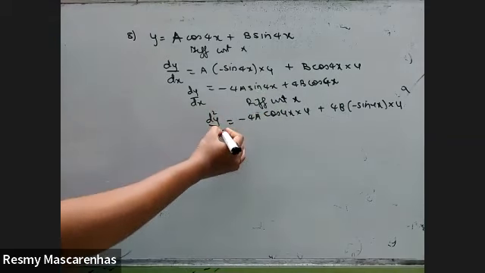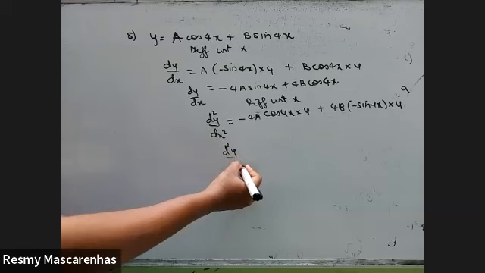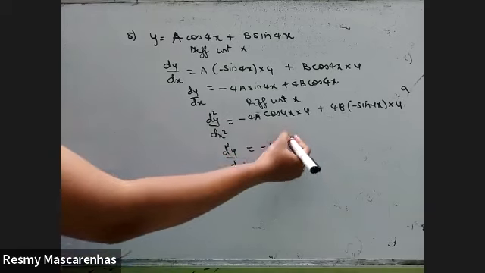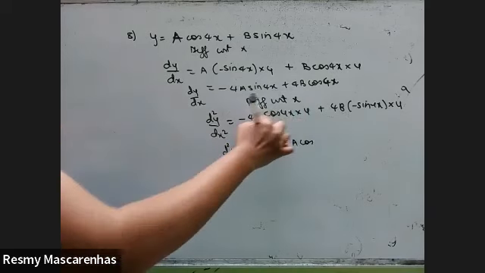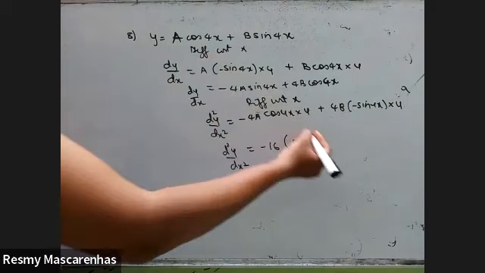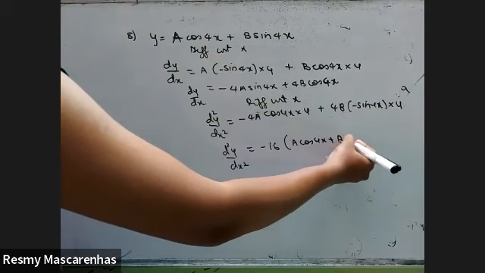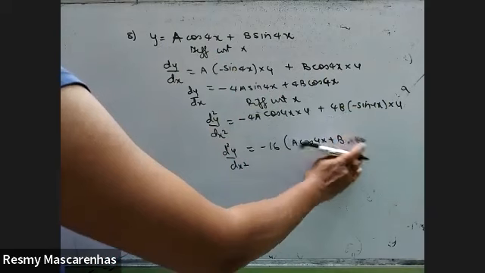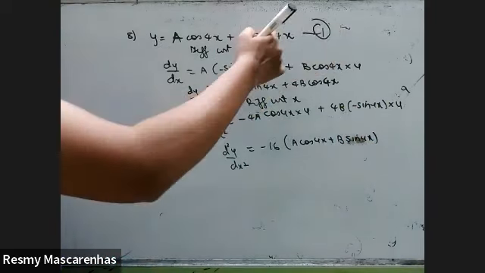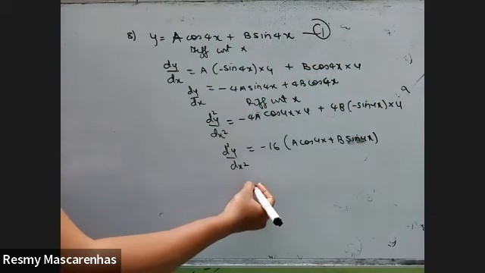So d square y upon dx square, minus 16 is common. You'll get minus 16 here also, and minus 16 here also. Again, this is the same as equation 1 only.